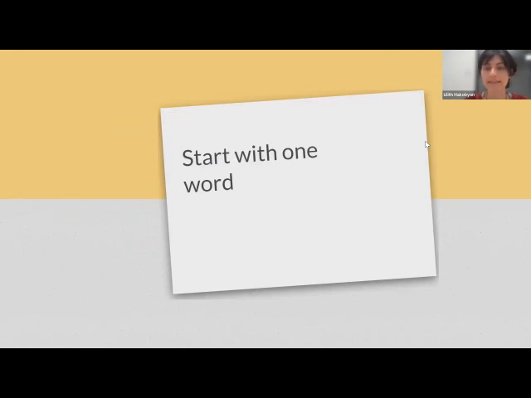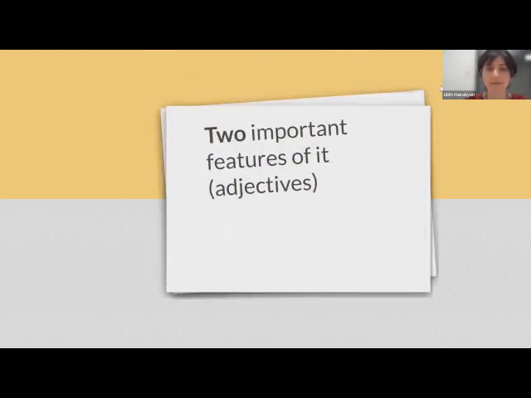So the facilitator gives the participants one word. The first word is suggested by the facilitator. We will see an example in a bit. Let's see, what are the other components? And after that one word, the facilitator says that they should continue with two important features of that word.